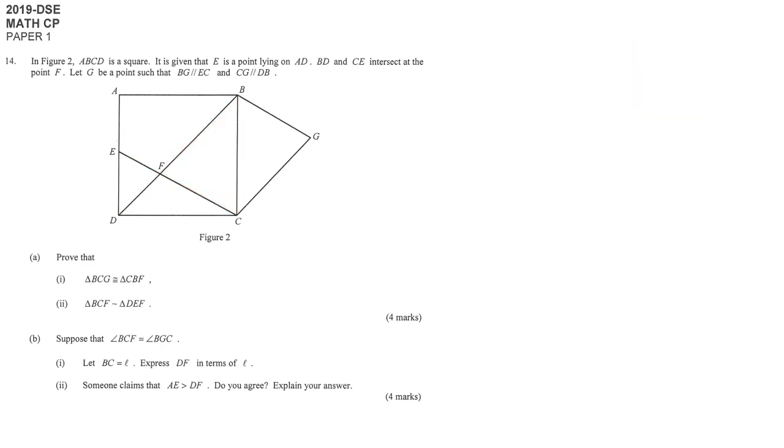Part B, they say two angles are the same, which are angle BCF and also angle BGC. And then they say let the length BC be L. And then we have to find DF in terms of L. This kind of question is really obviously related to part A. Even if you don't know how to prove that, you should assume it is true, and then use the following properties.